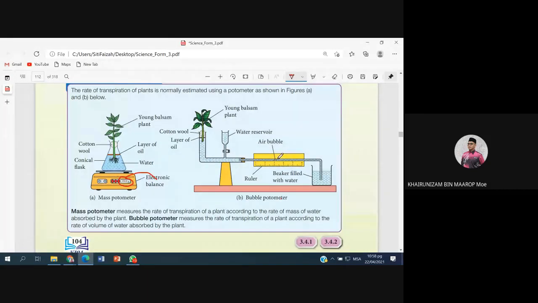So we measure how far the air bubbles go. Okay, maybe the air bubbles start from here, and then it will go to here. Okay, kita akan sukat berapa jauh dia pergi.